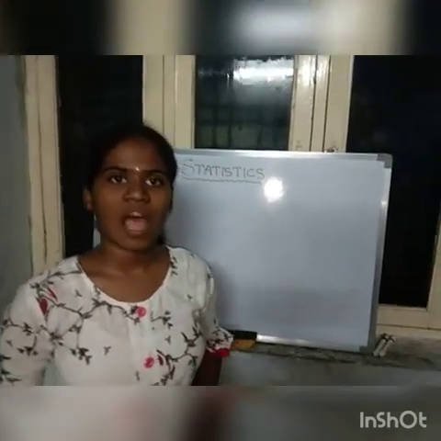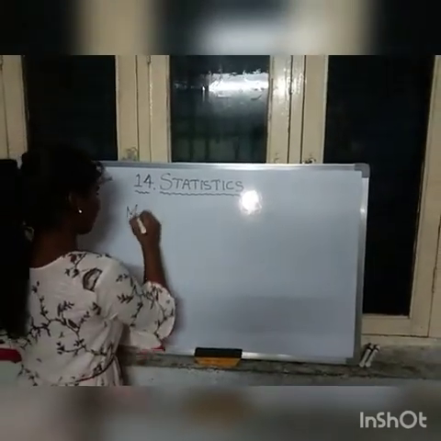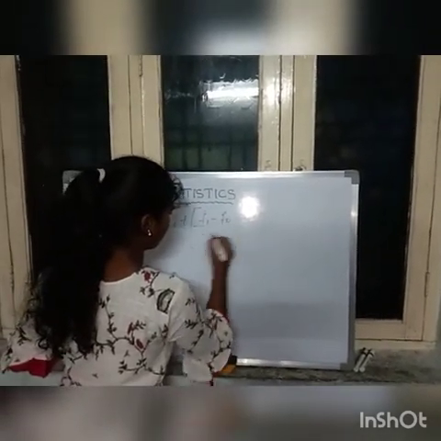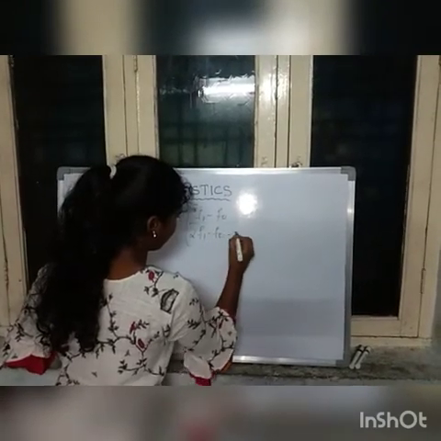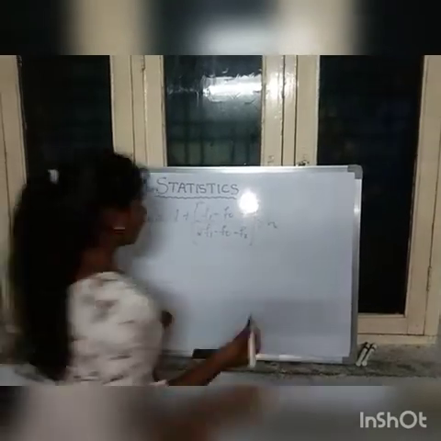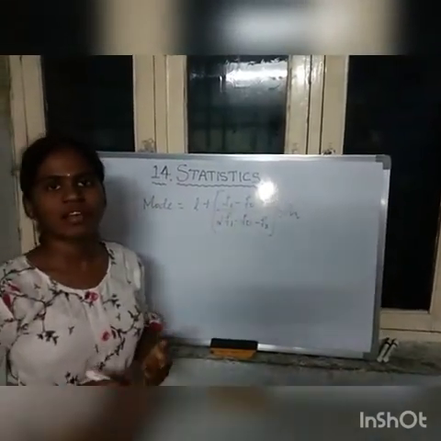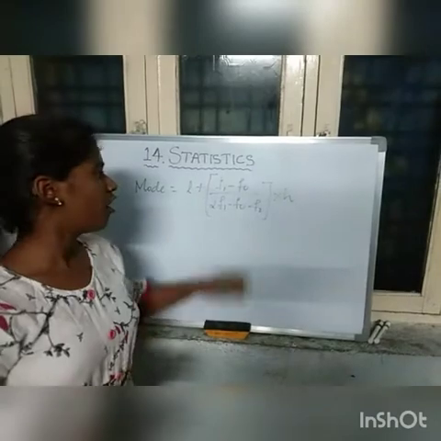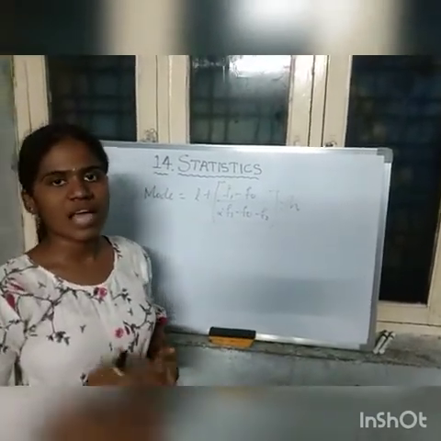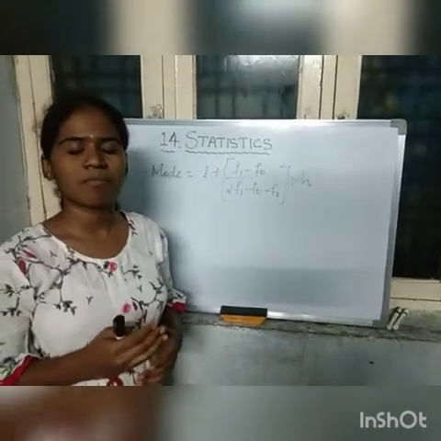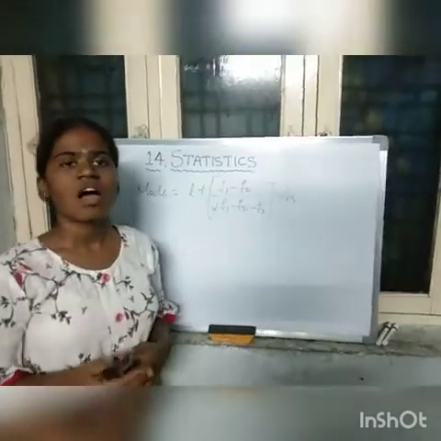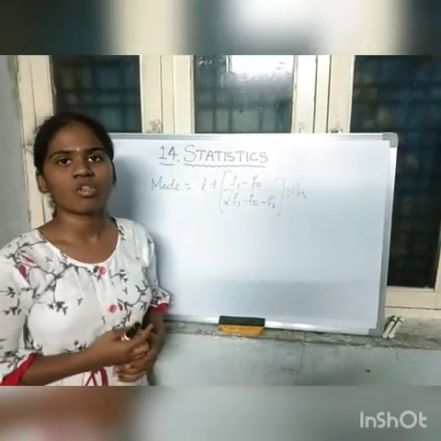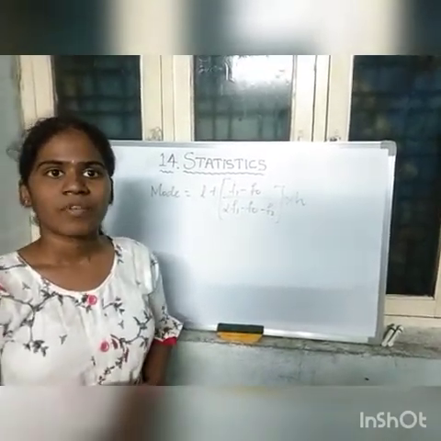Now mode for the grouped data is: mode equals L plus f1 minus f0 by 2 f1 minus f0 minus f2 into h, where f1 is the frequency of the modal class and f0 is the frequency of the class preceding the modal class, and f2 is the frequency of the class succeeding the modal class, and h is the class size or the width of the class, and L is the lower limit of the modal class interval.